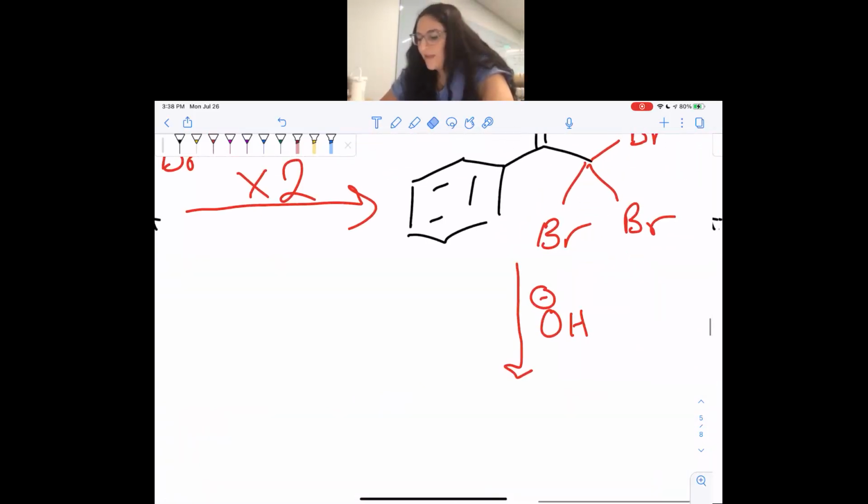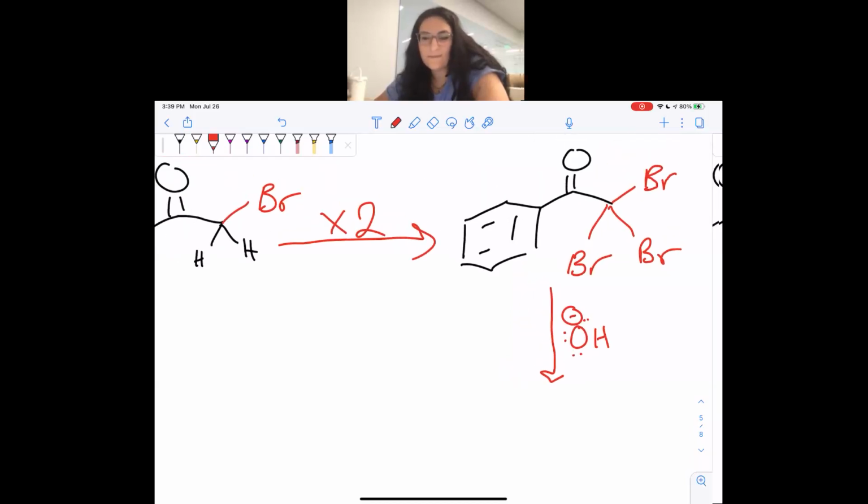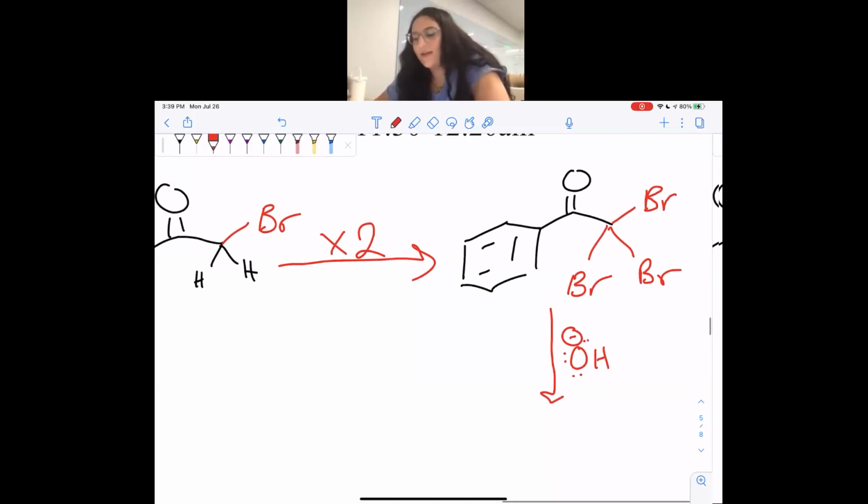Since it's negatively charged, it can be a what or a what? A nucleophile or a base, exactly. So it can't be a base because there's nothing really here to take.